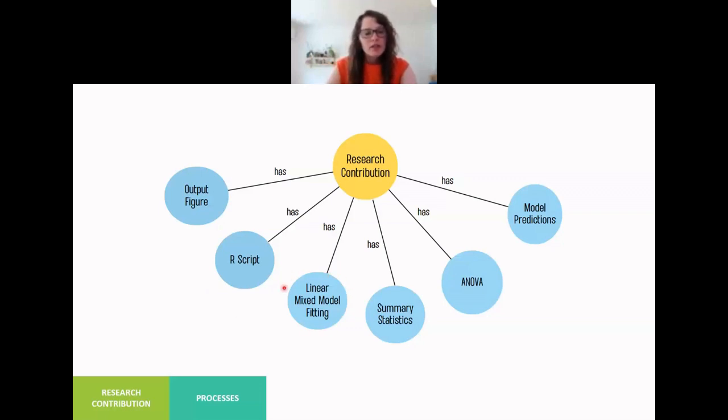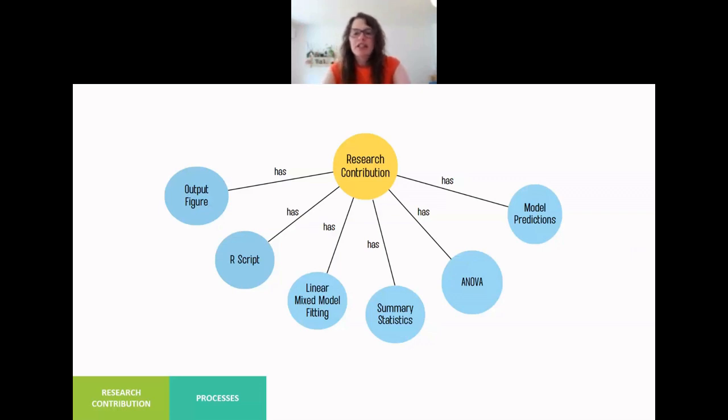And this included running a linear mixed model. And so in addition to capturing the quantitative output from the model, we also wanted to describe this process of model fitting. There are also summary statistics that were run on the model that we want to capture, in addition to an ANOVA and model predictions.